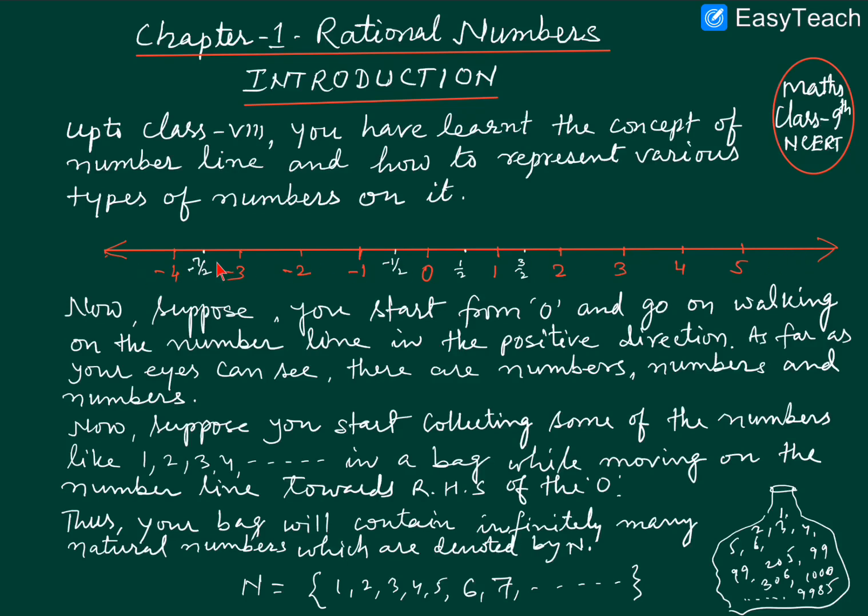This is a number line where varieties of numbers have been shown, like -1, -2, -3, -7/2, -1/2, 1/2, 3/2, 1, 2, 3, 4, etc. It contains all variety of numbers like natural numbers, whole numbers, integers, and so on.